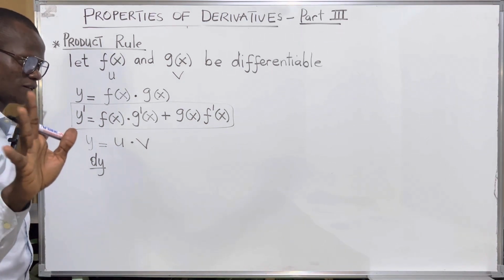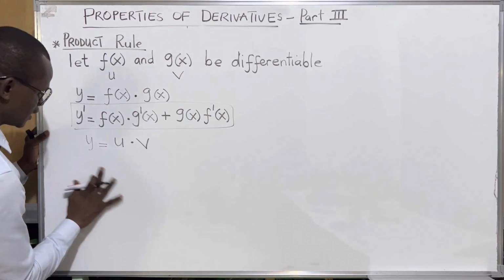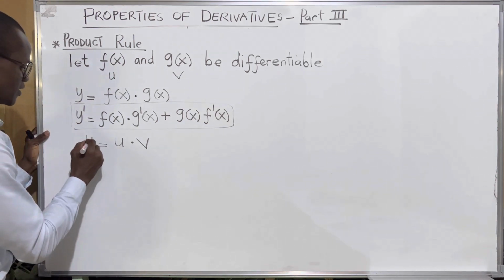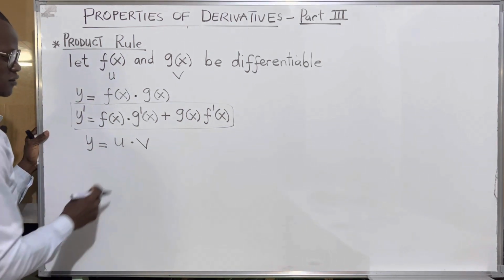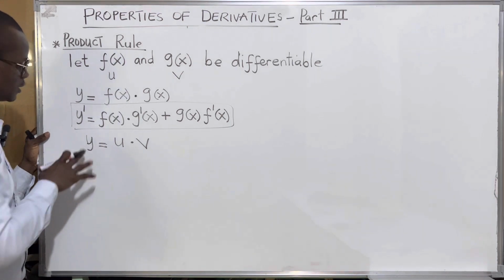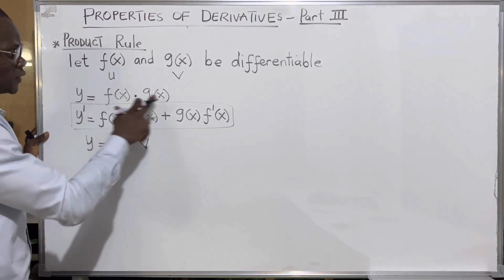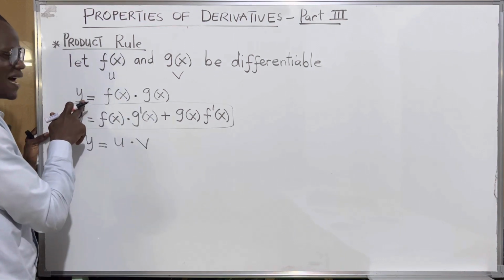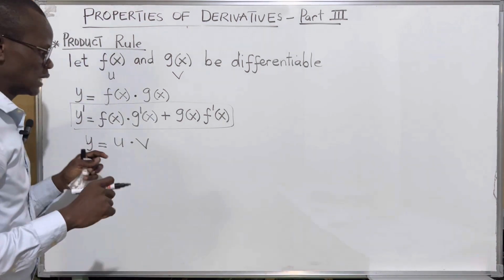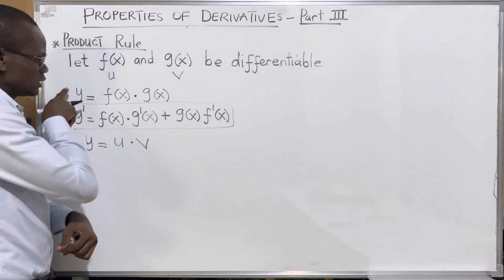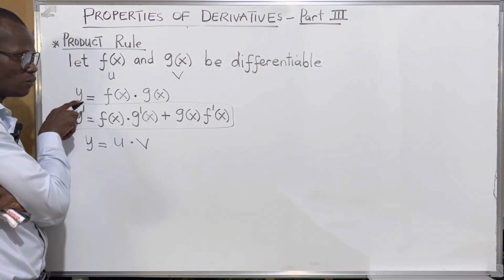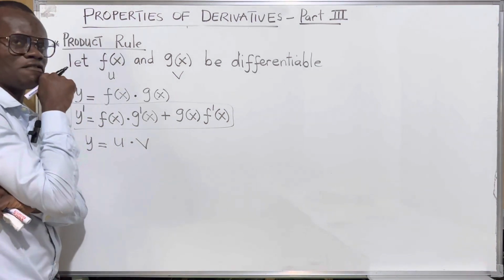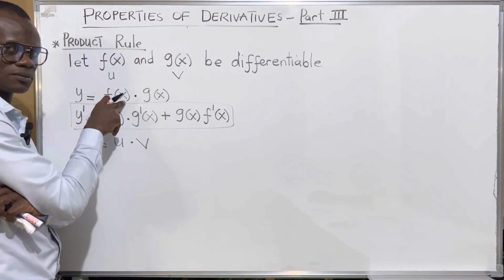Let's be careful and maintain y so that it doesn't confuse you in terms of u and v. Because if it was in this form, we could just use dy by dx, the derivative of the function that you are differentiating, called y, with respect to the variable within that function, which we call x.